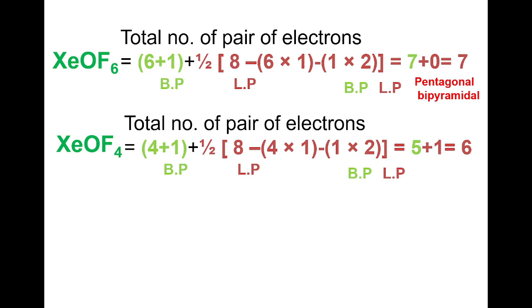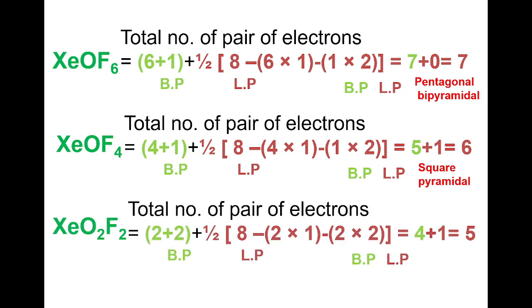The outermost electron of xenon is 8 minus 4 into 1, 4 fluorines into 1 valency of fluorine, minus 1 surrounding oxygen atom, 1 into 2, the valency of oxygen. So we'll get 5 bond pairs, 1 lone pair. So the shape will be square pyramidal.